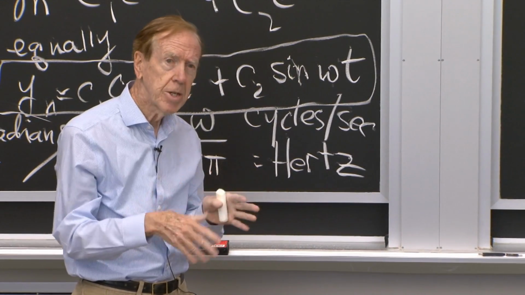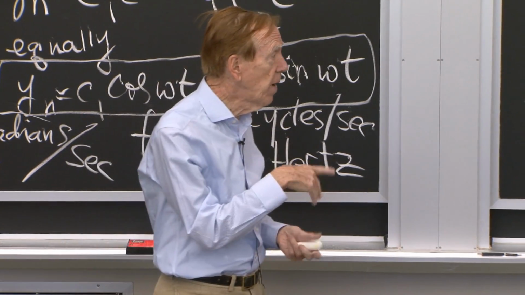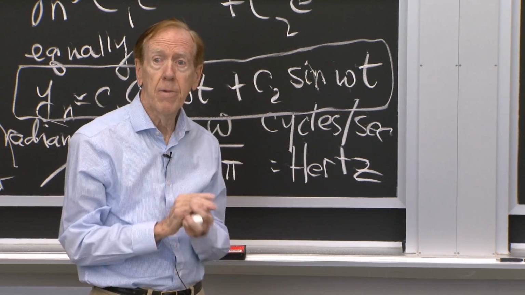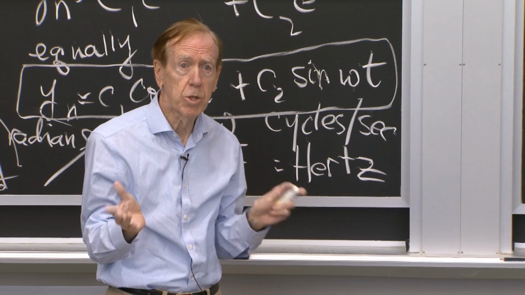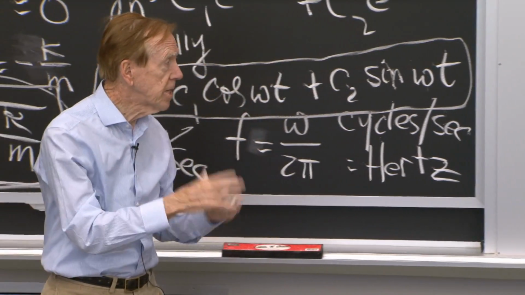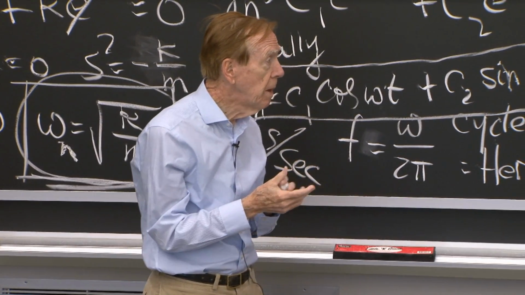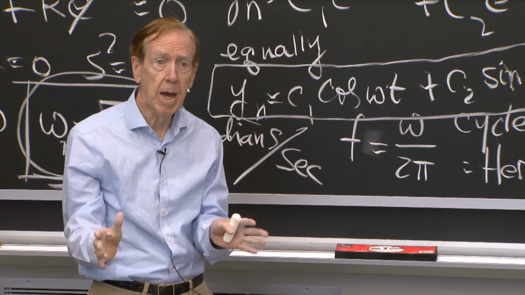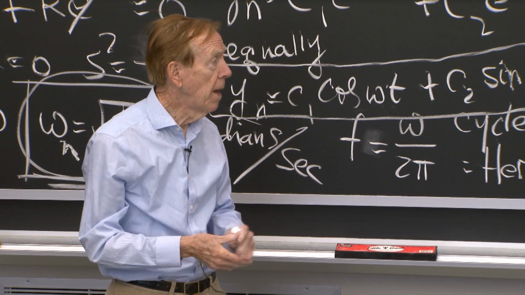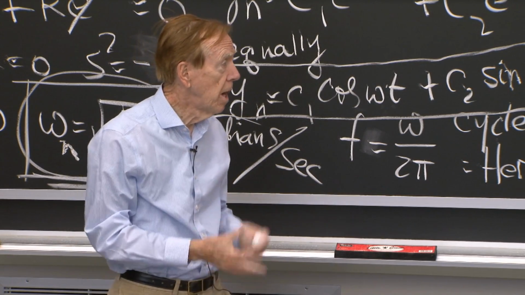A combination of 6 pure frequencies. And those frequencies are determined from the 6 eigenvalues of the matrix. I'm just using that word, looking ahead. We'll have a 6 by 6 matrix to describe the coupled system. That matrix will have 6 eigenvalues. It will tell us 6 natural frequencies. And our solution will be a combination of all 6 oscillations.